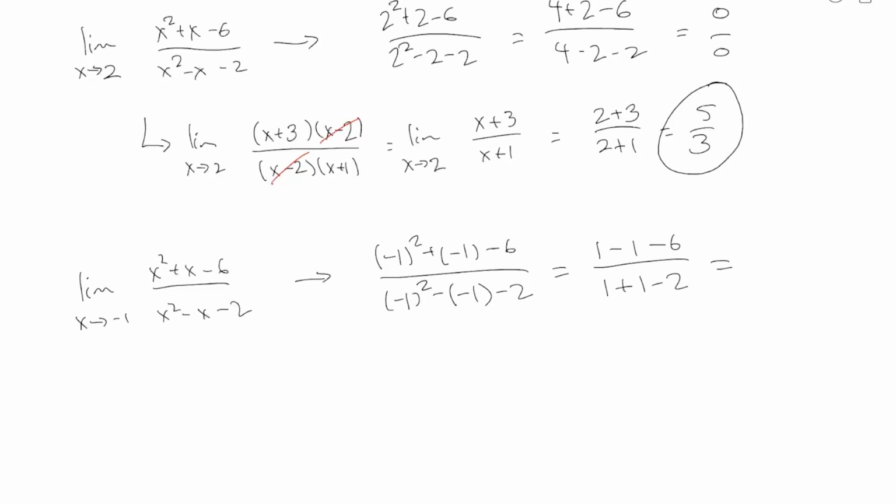That is 0 on the bottom and negative 6 on the top. What does this mean? This means the limit does not exist. So for the first one, there actually is a value of 5/3. For the second one, the limit does not exist.